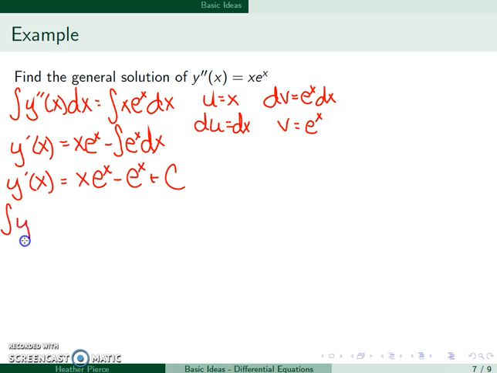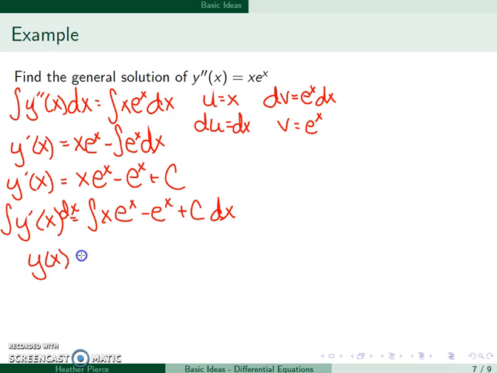In order to find the function y, we'll then integrate once more. So we now have the integral of x e to the x minus e to the x plus c dx. When we integrate the derivative, we just get y. The integral of x e to the x we actually just found to be x e to the x minus e to the x.